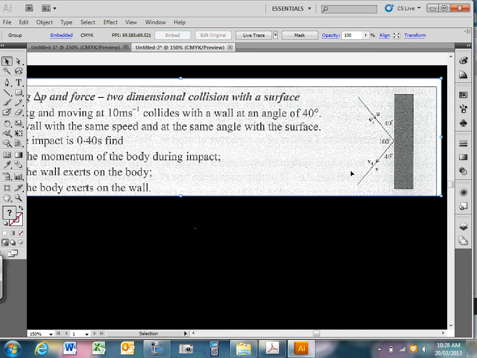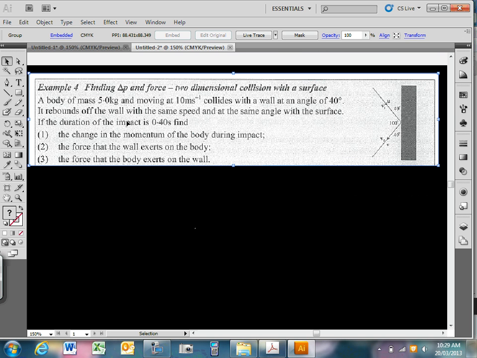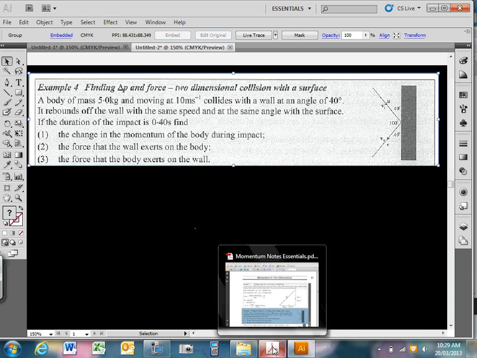This is very similar to our first problem, example 1, I think it was. But it's different. Instead of finding the change in velocity, we're finding the change in momentum. It's a lot easier than it seems.